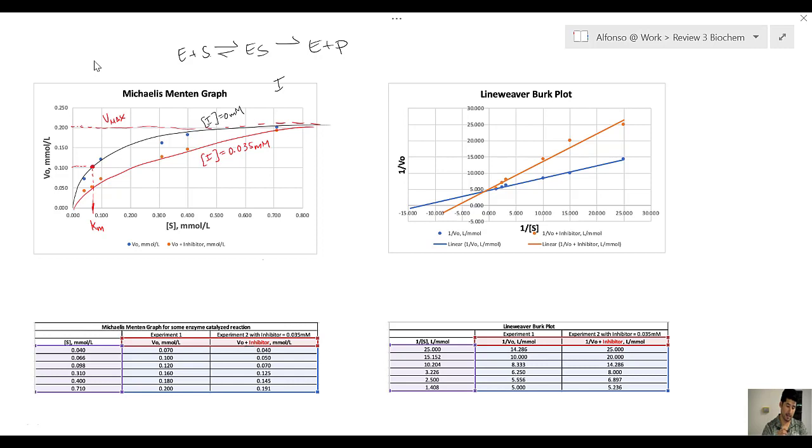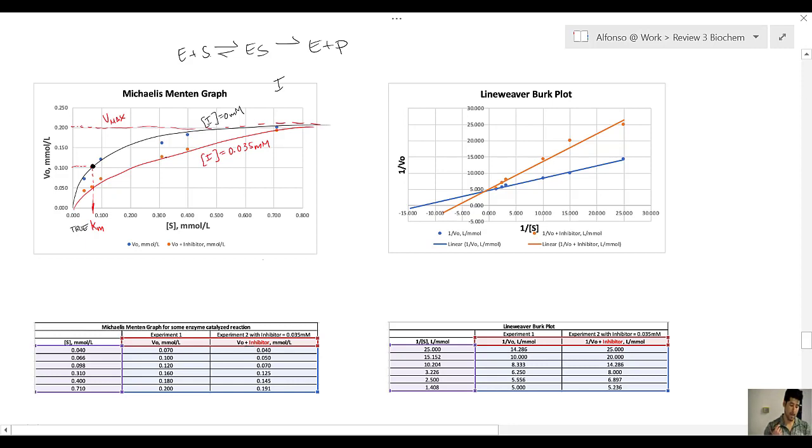Now, whenever you have an inhibitor, you have to look for the apparent Km. So this Km right here, the one that goes all the way up to this point on the blue graph, this is your true Km. This is what the Km is of the enzyme when there's no inhibitor present.